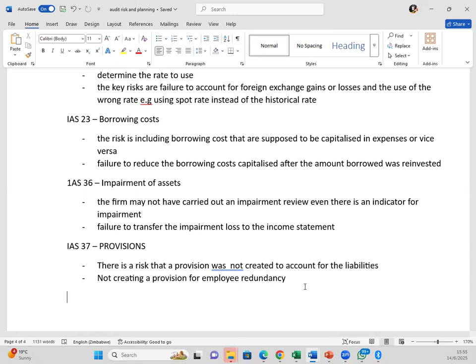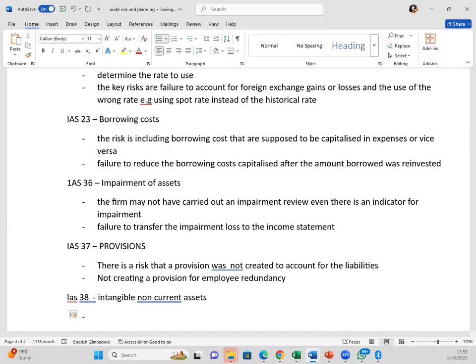Then IAS 38, intangible non-current assets. Remember these are assets without a physical form.